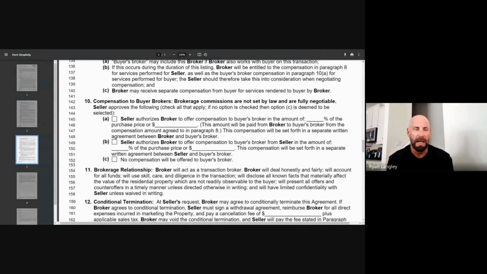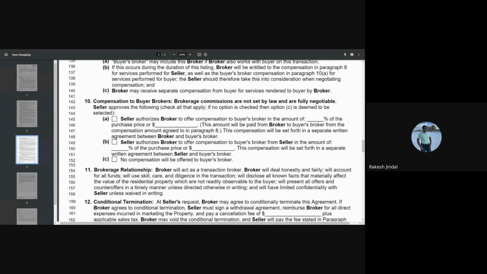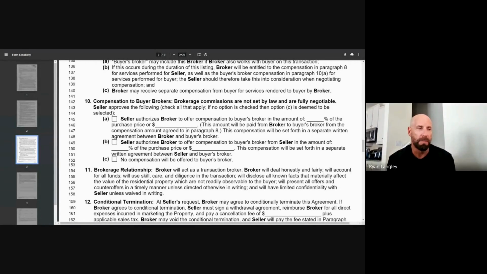I can't imagine why. That doesn't make sense to me. So most likely we'll probably see option A or C, or sometimes B when you put that they want to negotiate it.